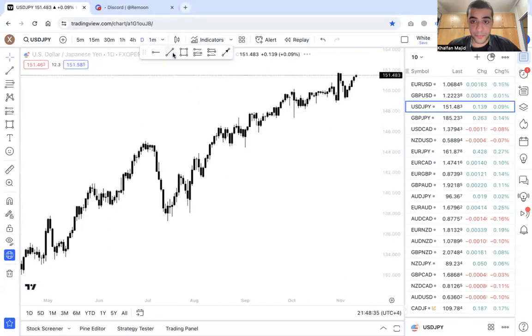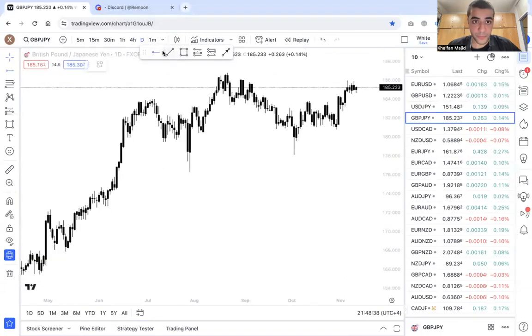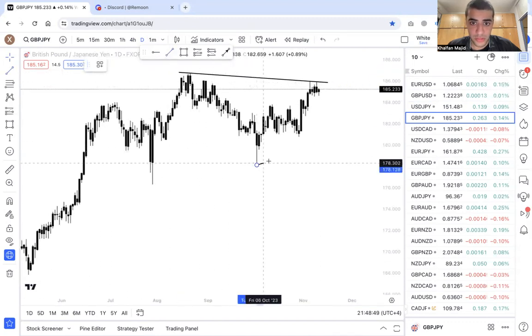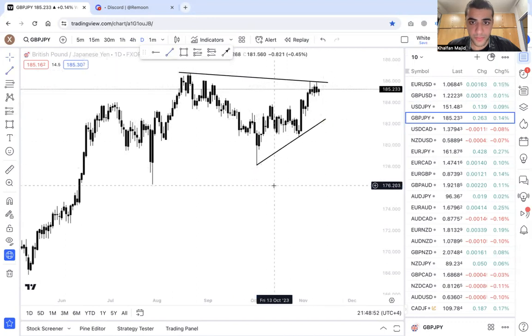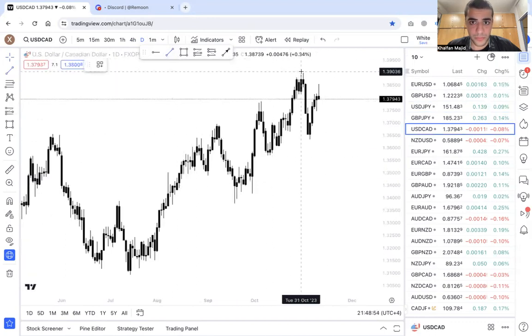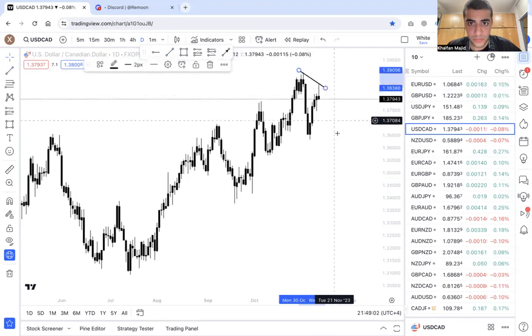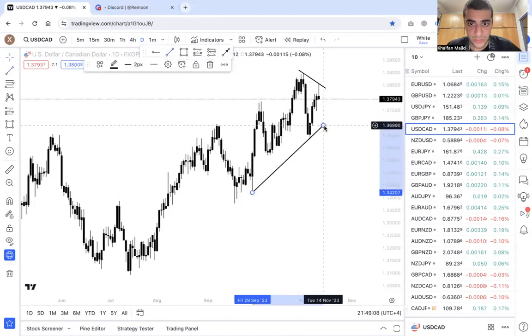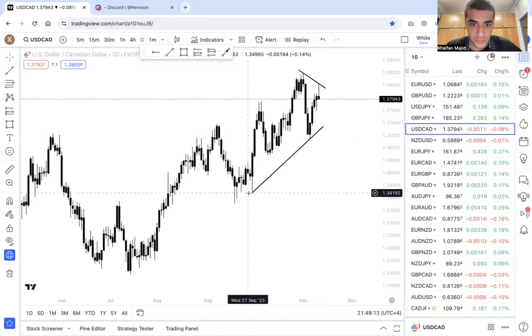GJ, here we draw the daily downtrend. Daily uptrend.